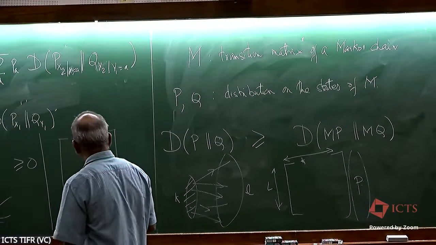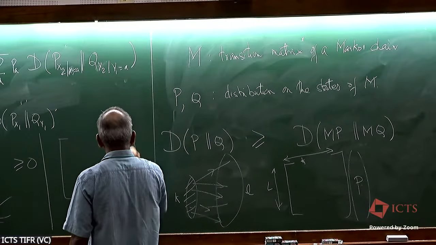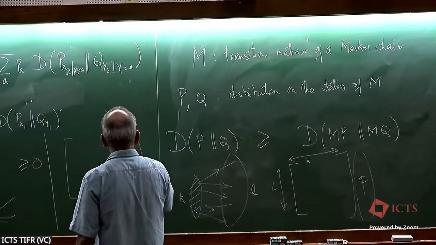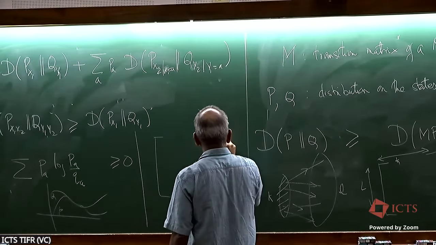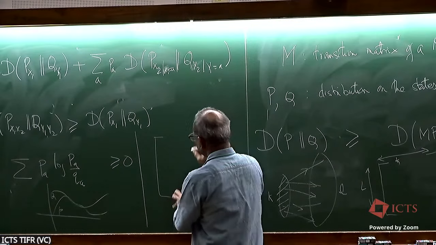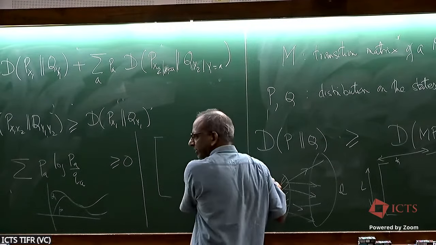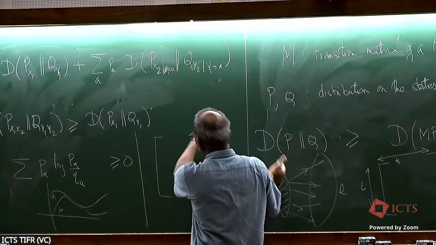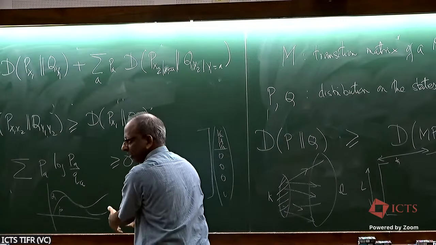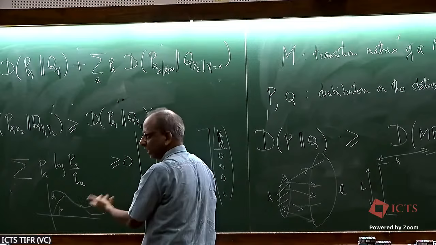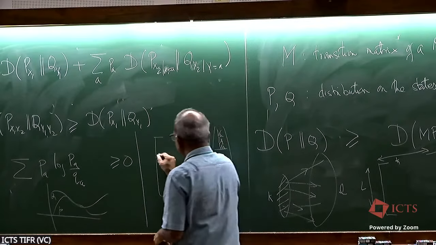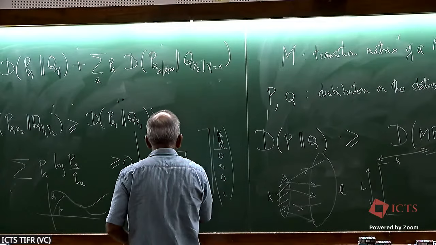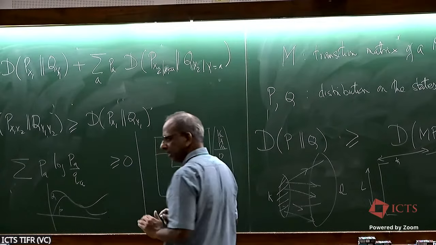If it is block diagonal and P happens to be supported here, meaning 1 over K, 1 over K, 1 over K, and Q was supported somewhere else, and then when you multiply, you will get some vectors. Now, the final vector could still be the same. Now, you are saying if it is block diagonal, then you are like this.